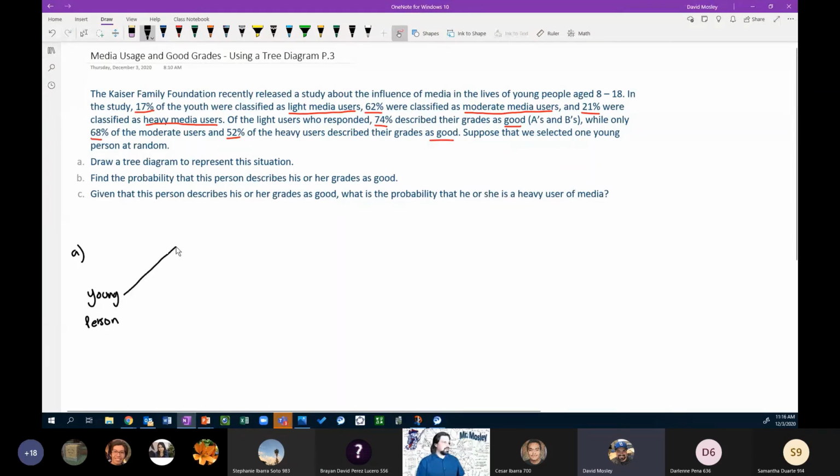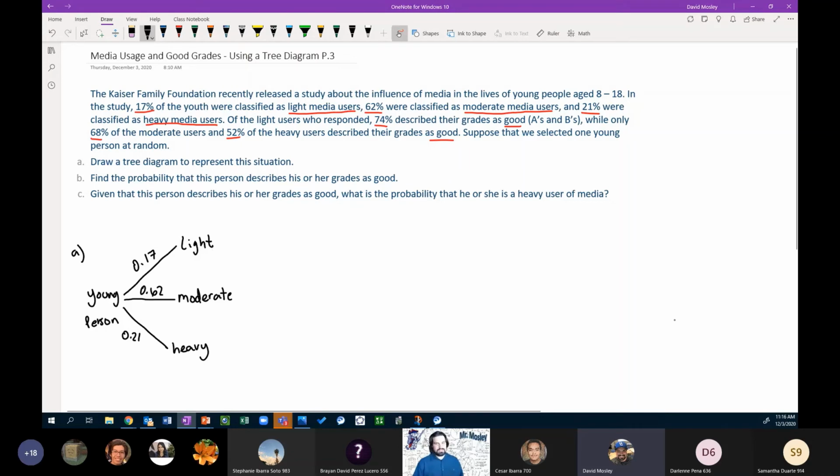They are either going to be a light media user, a moderate media user, or a heavy media user. So we'll go with light, moderate, and heavy. And the probabilities go along with that. We have 17% or 0.17, 62% or 0.62, and 21% or 0.21.